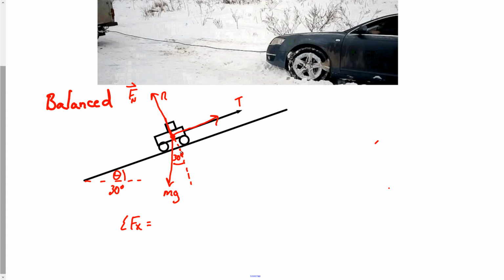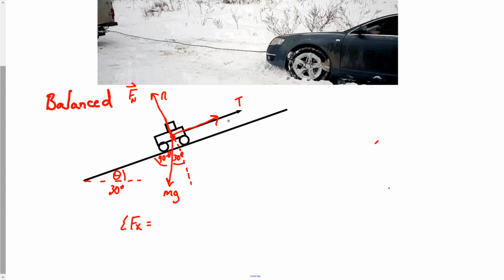If you're having a hard time believing it, think about it, guys. If you look at this picture, this angle has to be 90 minus theta, therefore that's got to be theta on the other side. So that's got to be 30 degrees. So let's take a look at the problem. We've got a T going to the right.